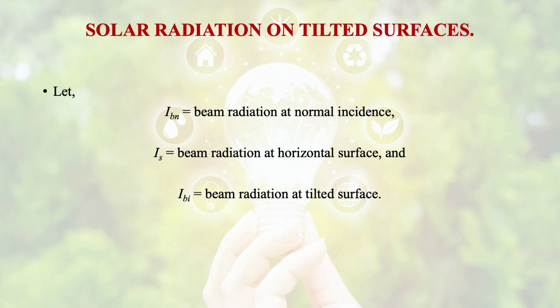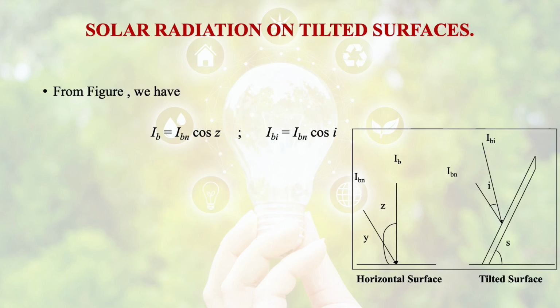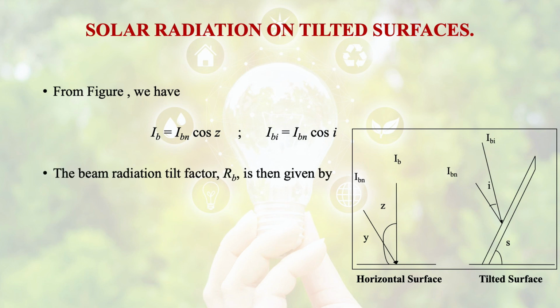I_BT is beam radiation at tilted surface, and from this figure we could see that I_B is equal to I_BN cos Z, where angle is Z for horizontal surface, and similarly I_BT will be equal to I_BN cos I. There, in tilted surface, angle is I. If we talk about the beam radiation tilt factor, we give it by R_B and it will be given by I_BT divided by I_B.